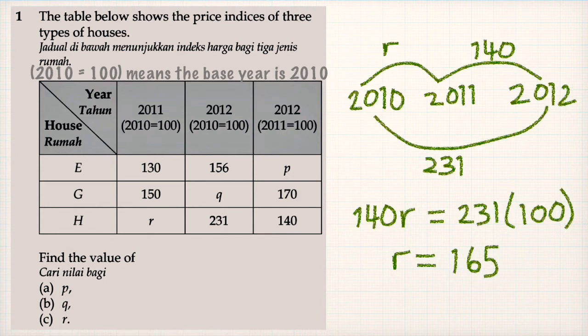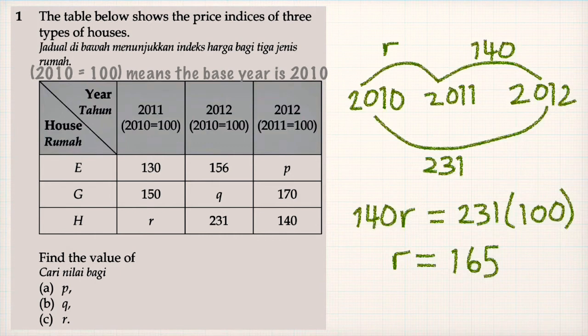Next, the last, we're going to find the value of R. We're going to use the leap method again. So 2010, 2011, 2012. The price index for 2011 based on 2010 will be the first column, which is R. The second leap has 2012 based on 2011, which is the last column, 140, and the longer leap, the lower part of the leap, we have 231.